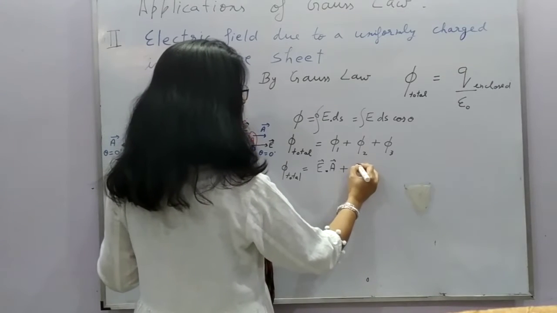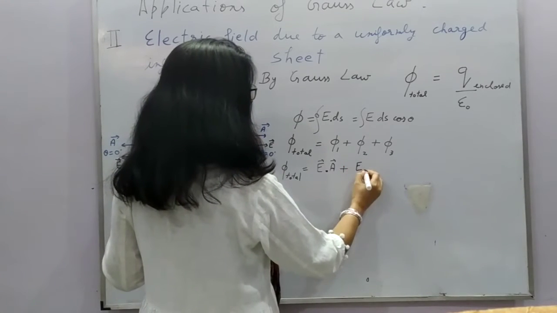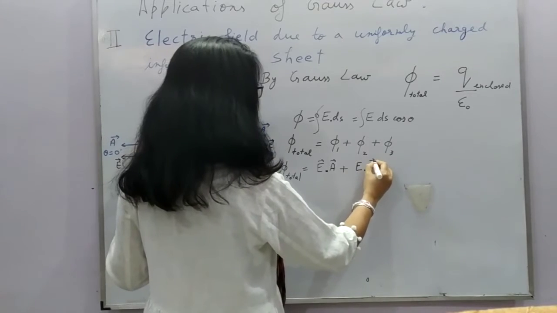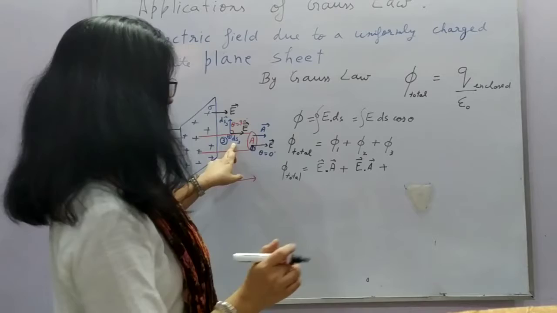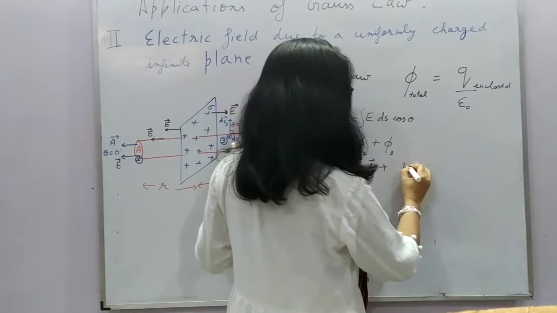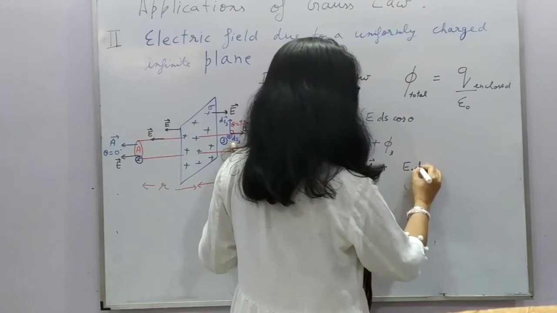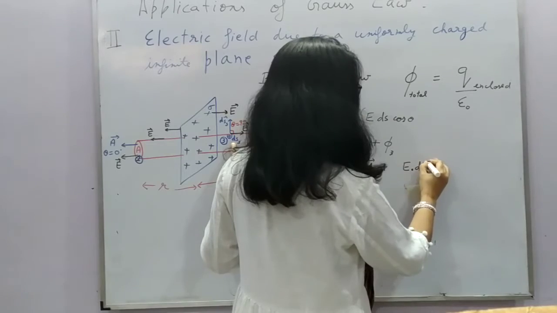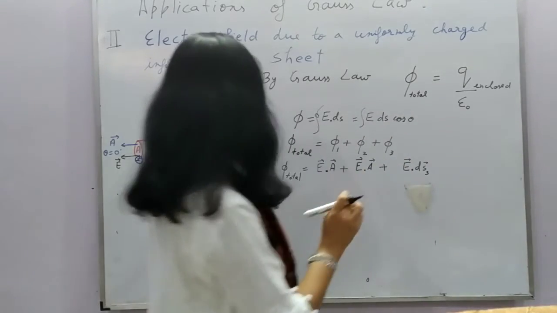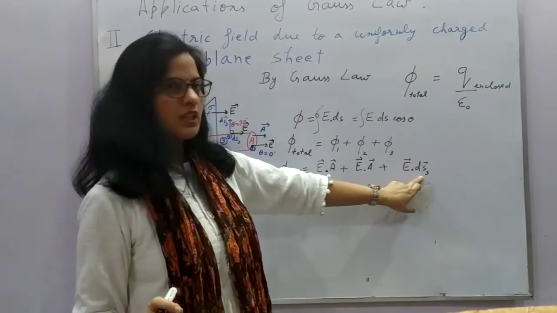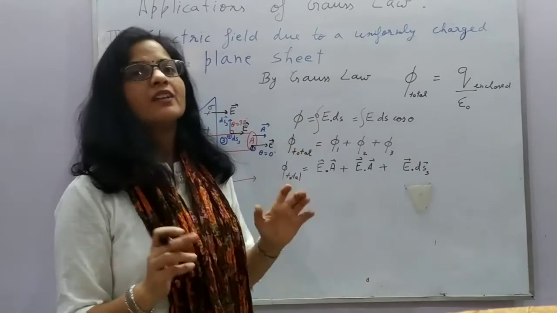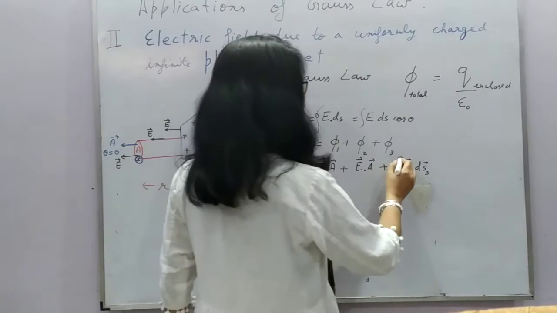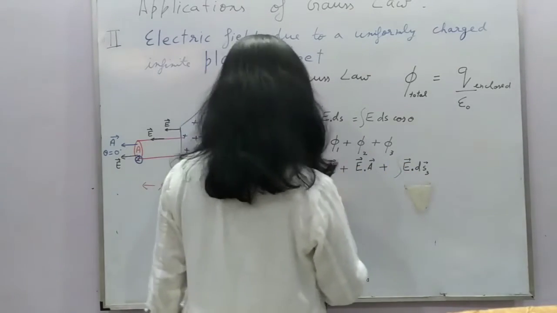This is E dot A. Third surface, we need to write E dot ds3. But this is a small surface area. Here this is the complete surface area. So we need to integrate this, because this will be the flux due to the small surface area and that will be d phi. So we need to integrate this.